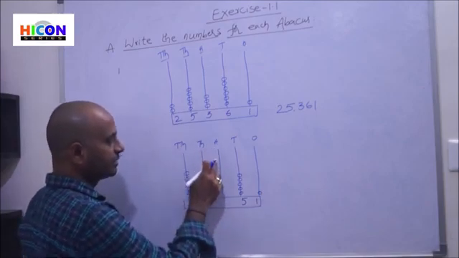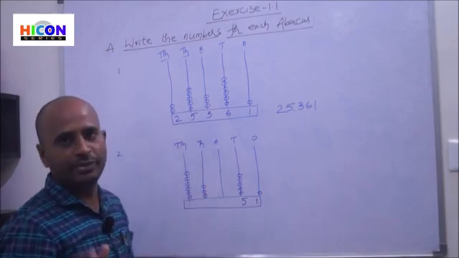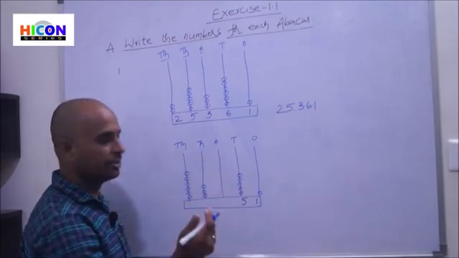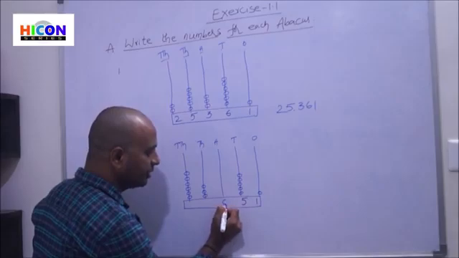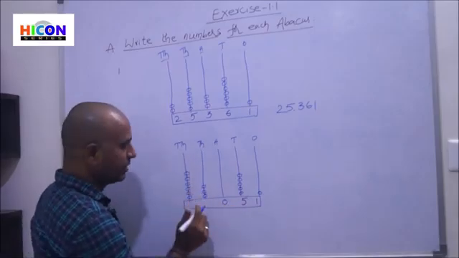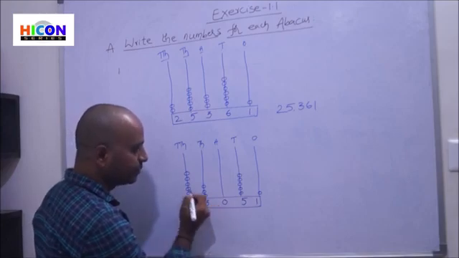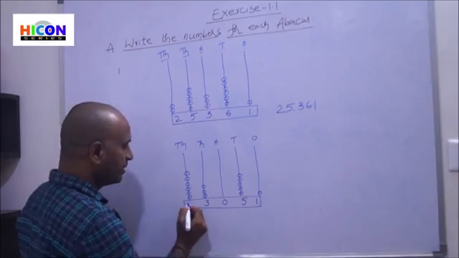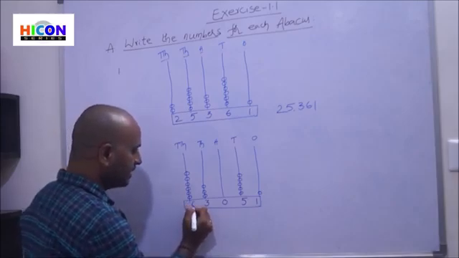And the third stick does not contain any beads, that means 0 beads. The third stick contains 0 beads, so just write 0 at its bottom. And the fourth stick contains 3 beads, so just write 3 at its bottom. And the fifth stick contains 6 beads, so just write 6 at its bottom.